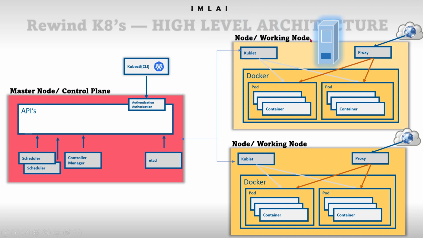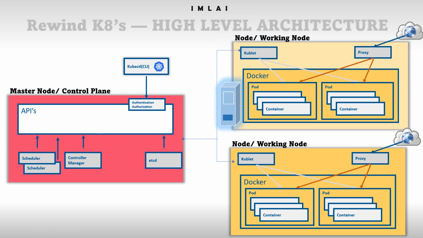This kubelet automatically self-registers to the control plane. Or two, a human user manually adds a node object. These are the two ways. Either the kubelet will do the work for you, or else you can manually add a node object to the API server.